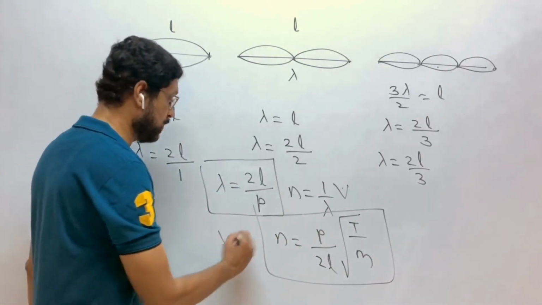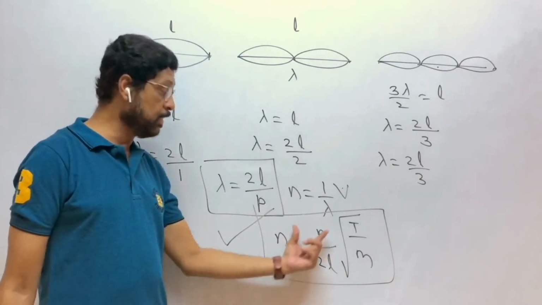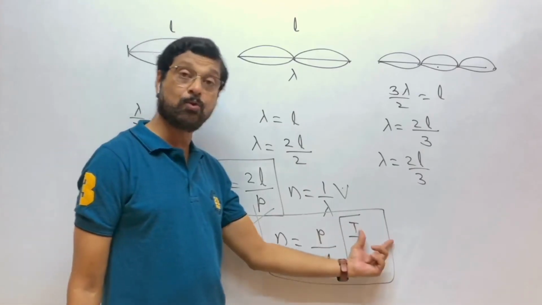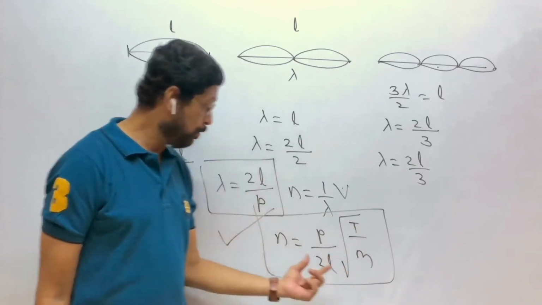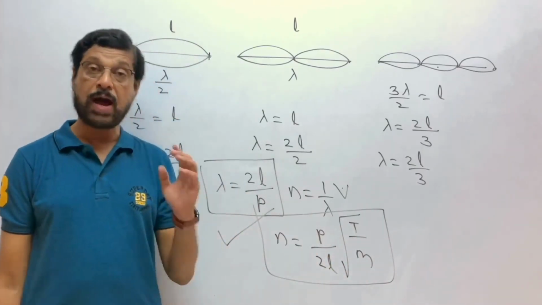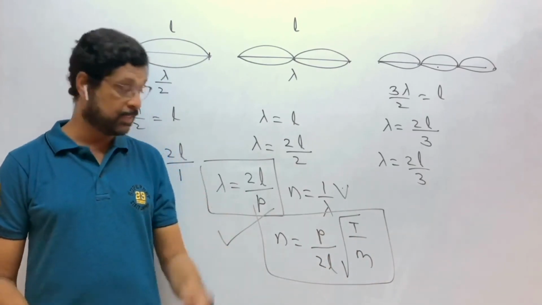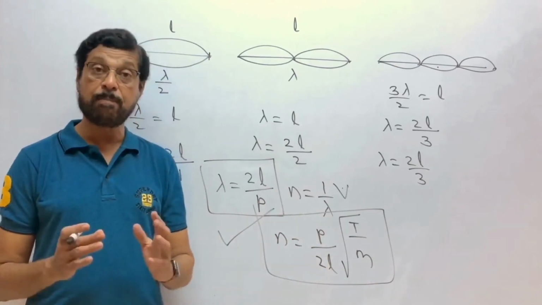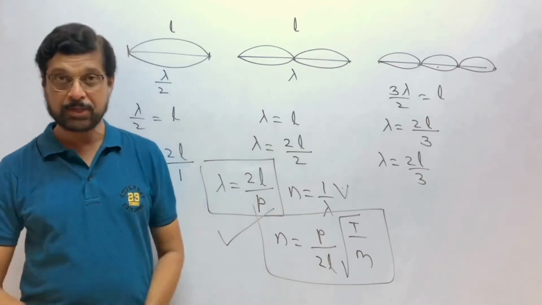So this is the general expression. N is equal to P upon 2L under root T by M, whereas P stands for harmonic number, or you can say P stands for number of loops on the string. So that was different modes of vibration of a string.